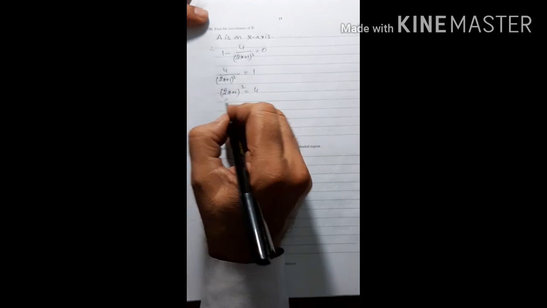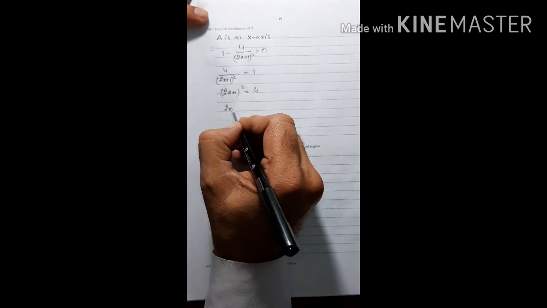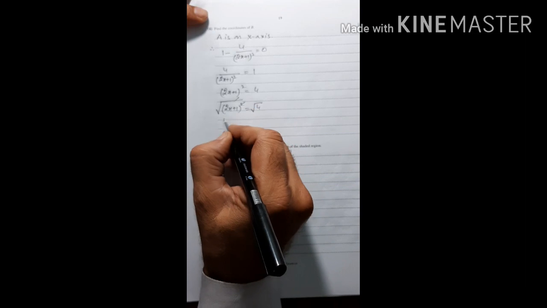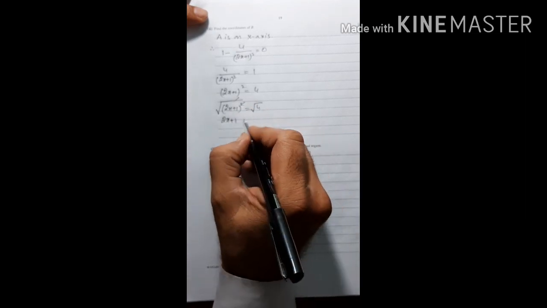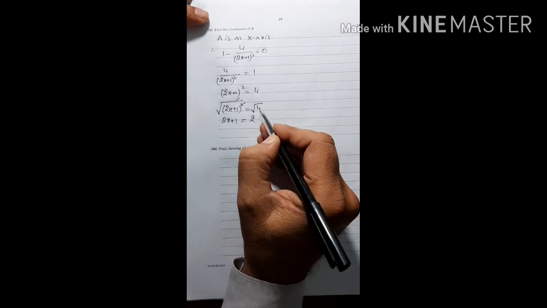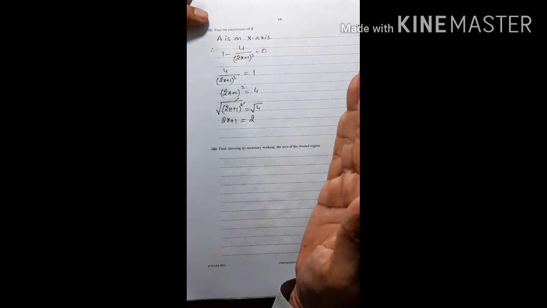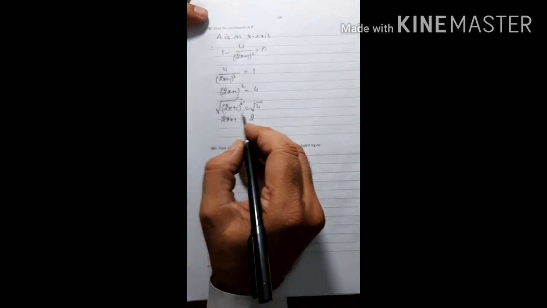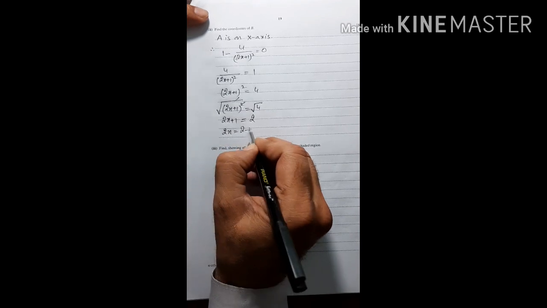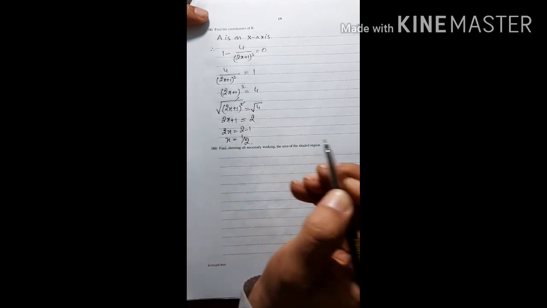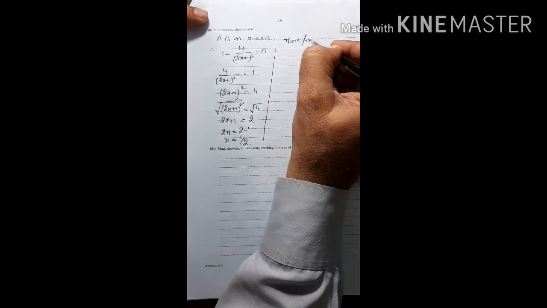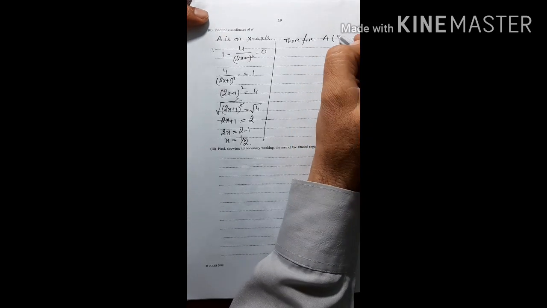Taking square root of both sides, it becomes 2x plus 1 is equal to 2. We'll take the positive value of 2 because if you remember, A is on the right side of the x-axis, so we'll not take the negative value. So it becomes 2x is equal to 2 minus 1. X is 1 over 2. Therefore, A is 1 over 2 and 0. These are the coordinates of A.